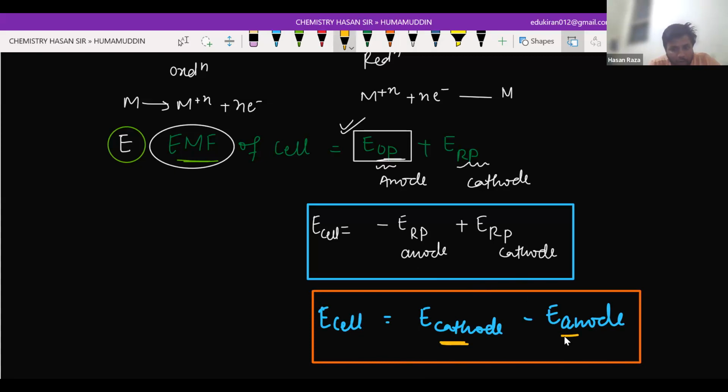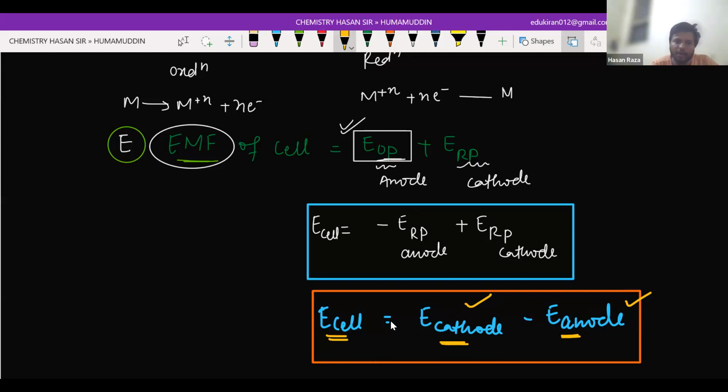But at the anode, oxidation occurs, so either the oxidation potential or the reduction potential will be given. But you have to write the value of the reduction potential for both, whether at the cathode or anode, to calculate E cell.